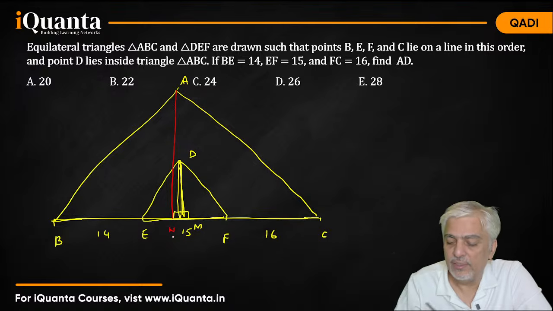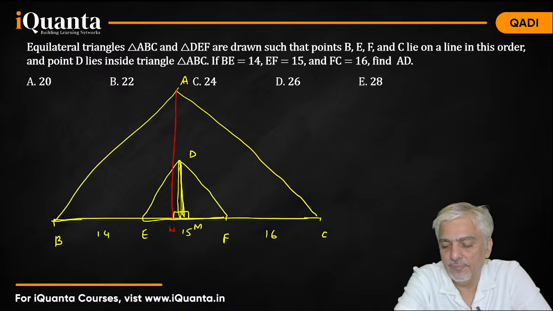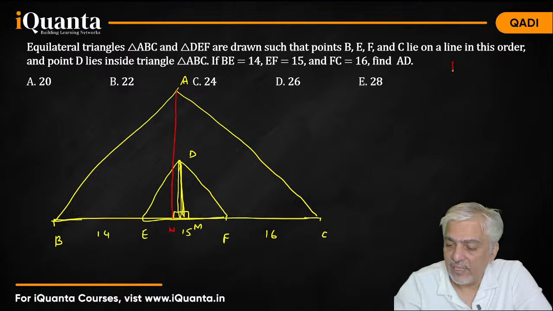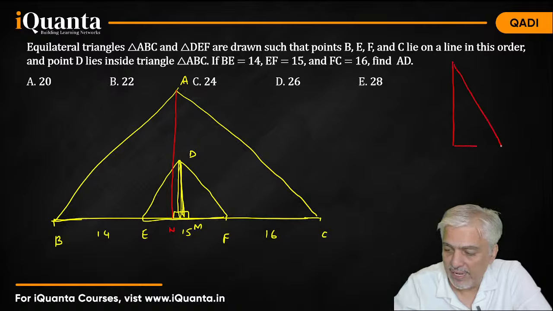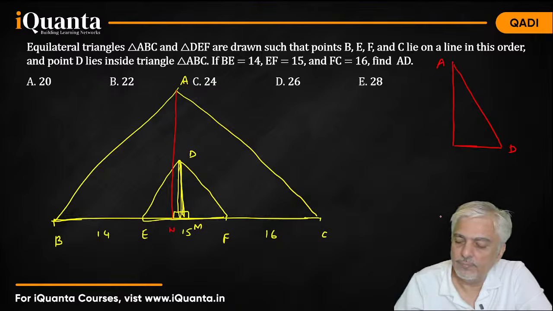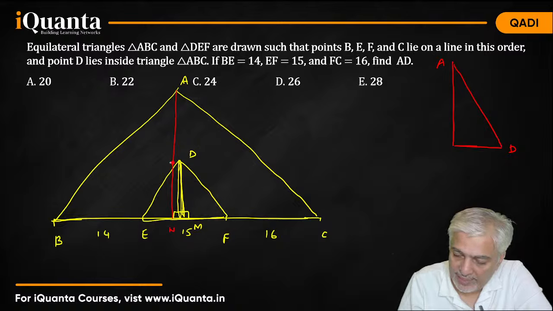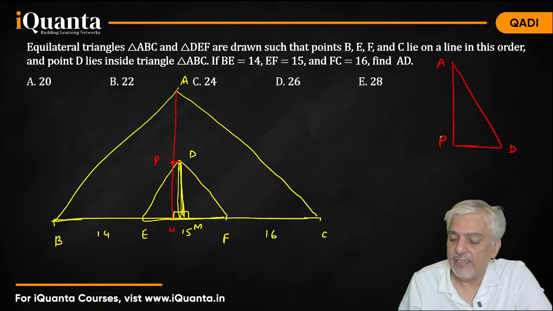AN will come over here. So actually AD will come like this. There will be A something, there will be this point, and this will be AD. Suppose this point exactly over here is P. So APD.